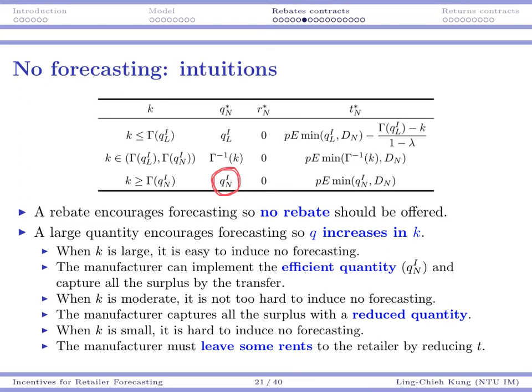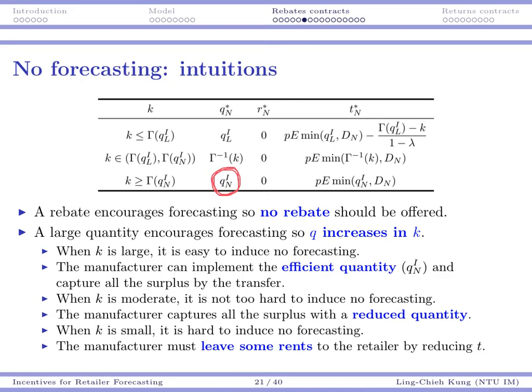If you offer the retailer a very high quantity, then accepting that offer would be risky, and the retailer will need precise information about demand so that she can make a decision about acceptance or rejection. So when K is moderate, you need to cut down the quantity you offer so that you decrease the incentive for the retailer to do forecasting.